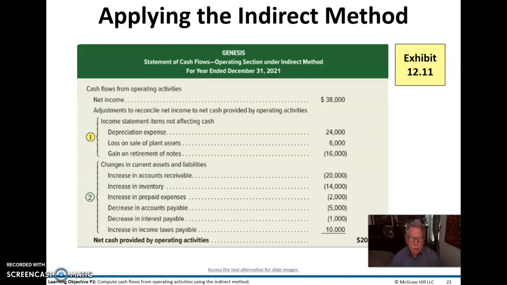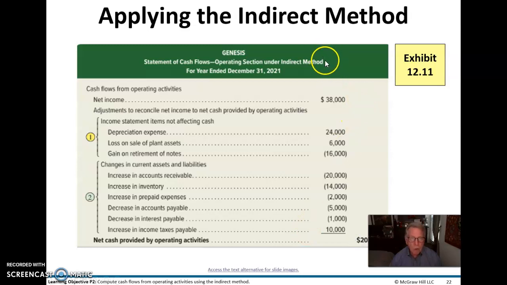So a decrease in accounts payable and a decrease in interest payable are decreases in cash. But we had an increase in income taxes payable of $10,000. And you can see that the net cash provided, that means we increased cash, was $20,000 in operating income.